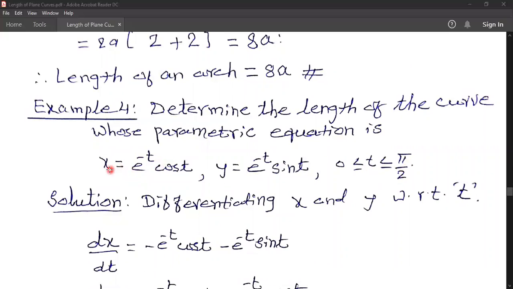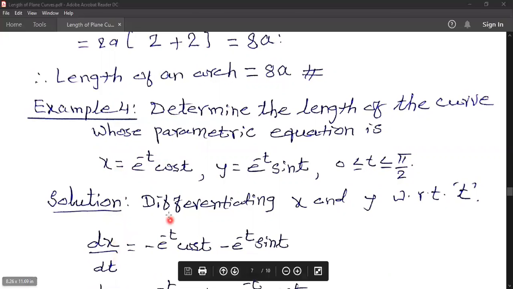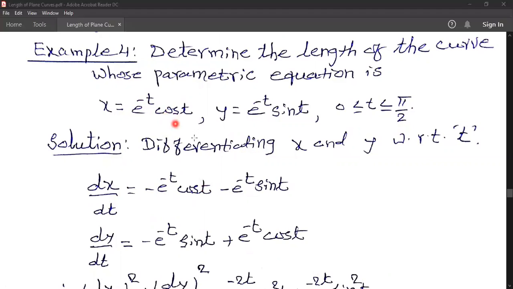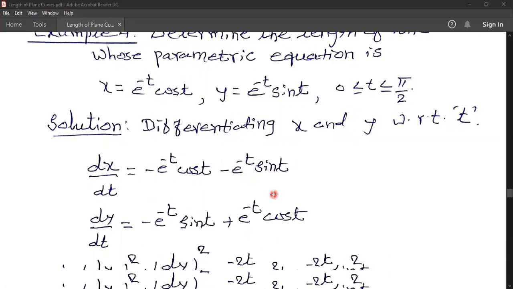Directly differentiating x with respect to t, you get dx by dt: apply the product rule, and the derivative of e to the power minus t is minus e to the power minus t, cos t as it is, and the derivative of cos t is minus sin t, and e raised to minus t as it is, as far as dx by dt is concerned.